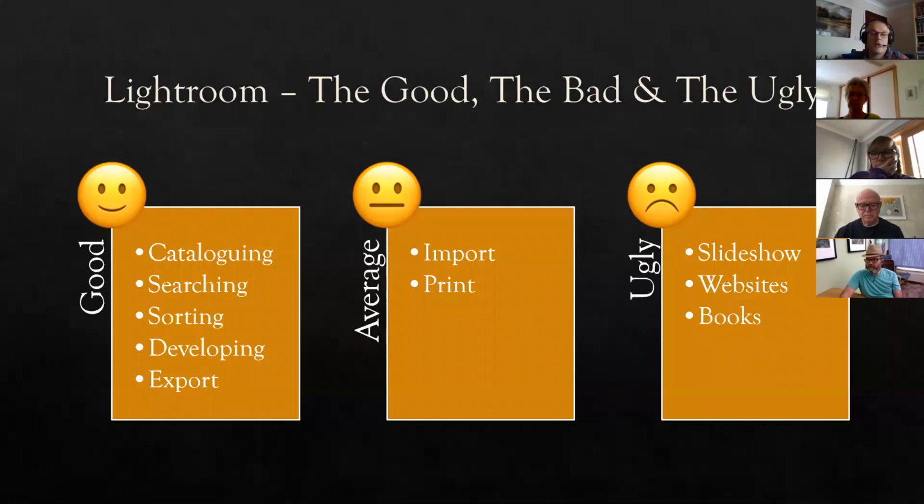And also it allows you to create books. I think it does Blurb books and stuff like that. I would, again, not bother. You'd be better off firing up the software from Blurb or whoever and using their software; it would be a lot easier to do and produce something much better.